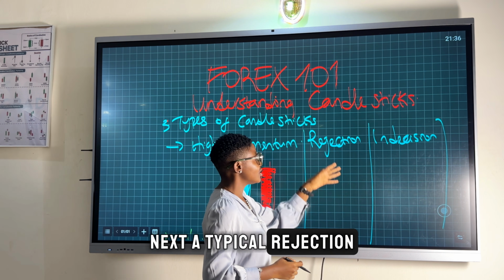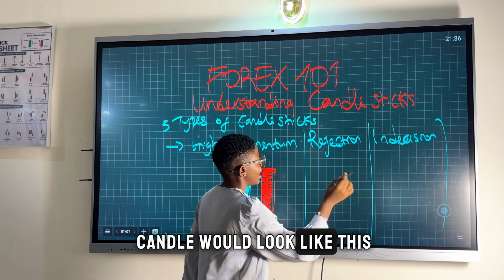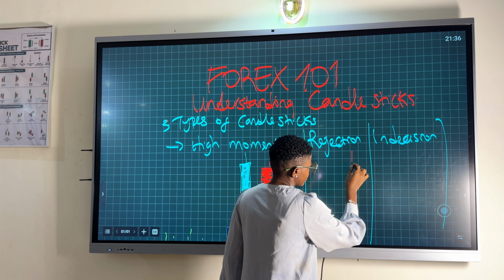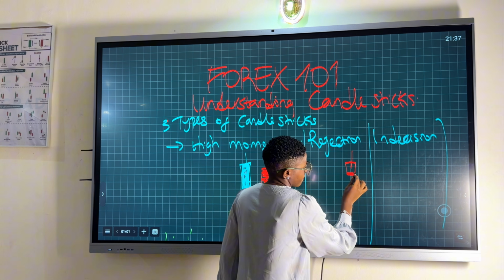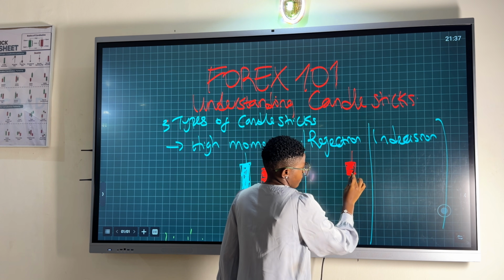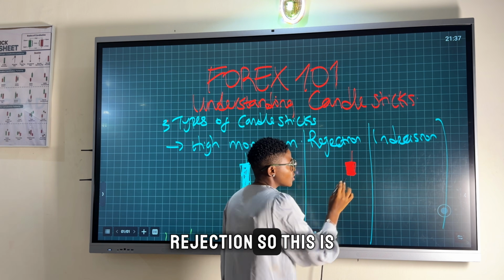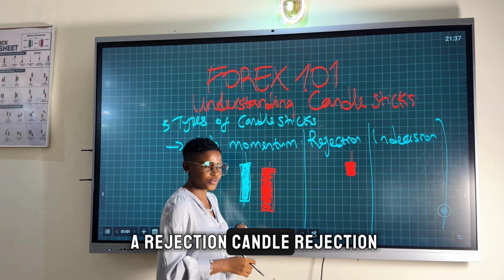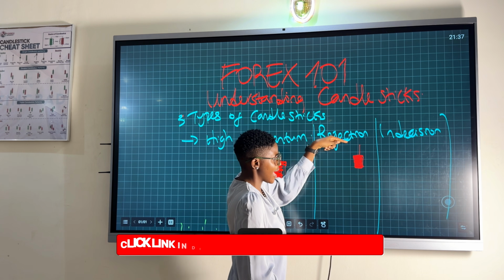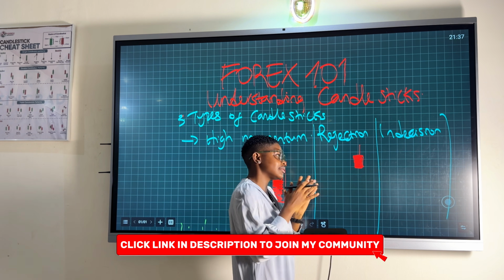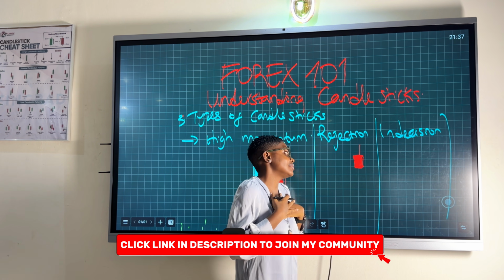Next, a typical rejection candle would look like this. So this is a rejection candle. Why? This market bought up to this high price, but then sellers said, oh buyers, this market is mine.